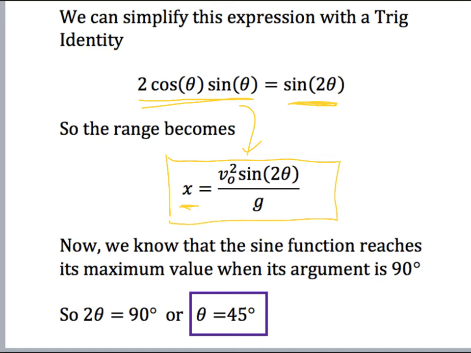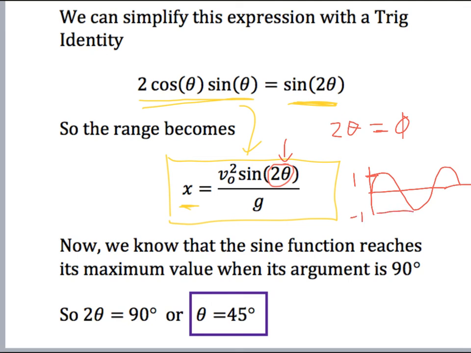Now, it gets a little bit complicated because we don't have sine of theta, we have sine of 2 theta. So just for the purpose of thinking it out, let's let 2 theta equal phi, and then this becomes the sine of phi here. So we know that if I plot the sine of phi, it looks something like that, and that its maximum value is 1 and its minimum value is negative 1.